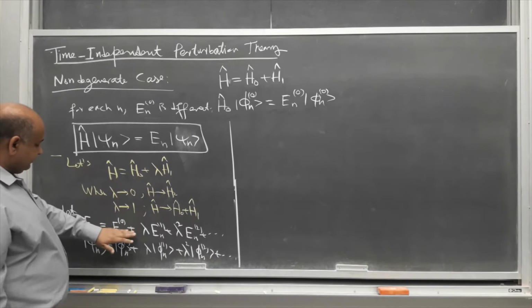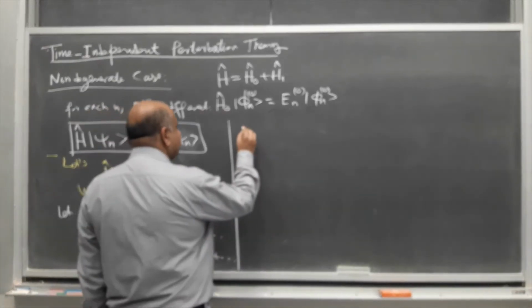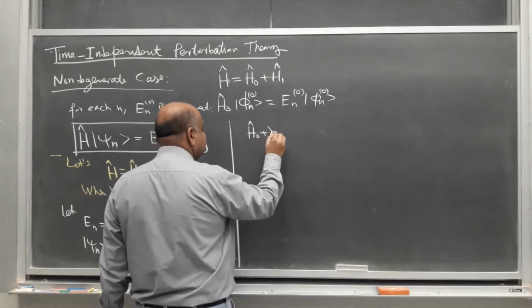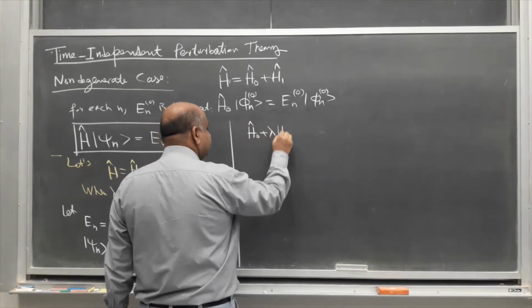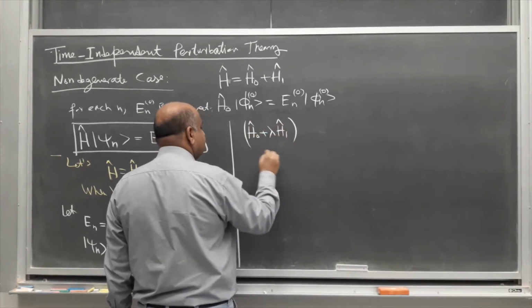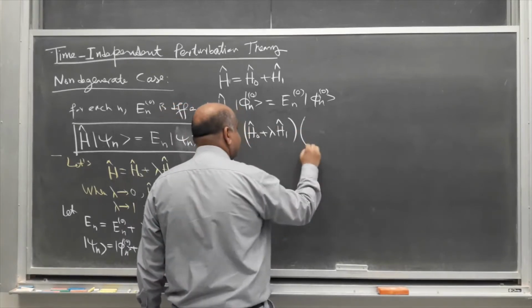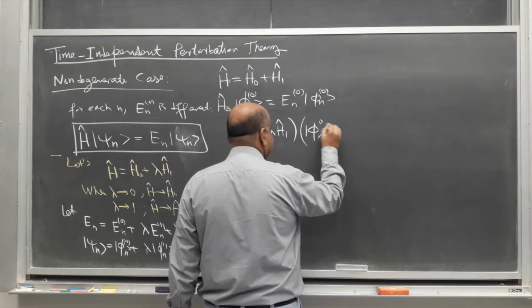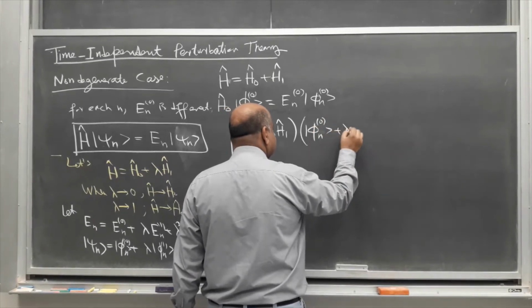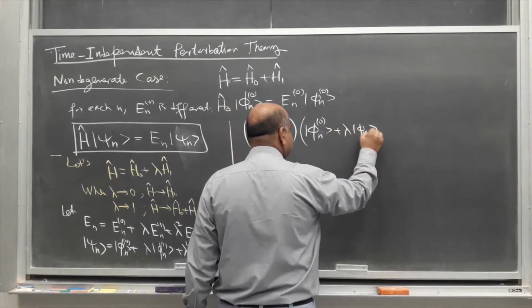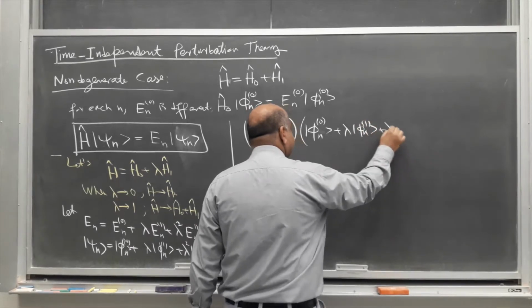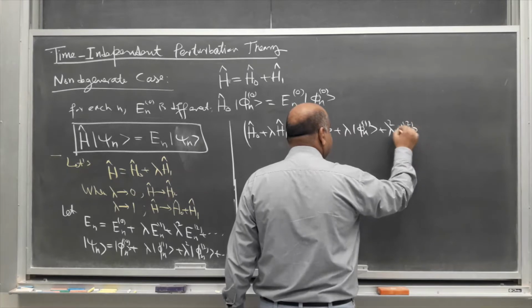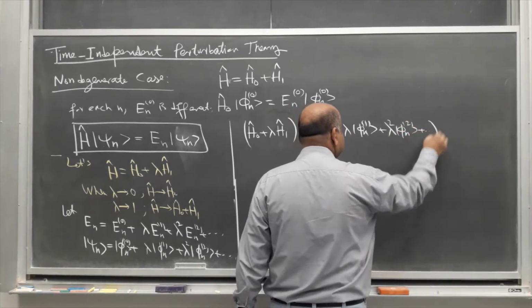So we get H0 plus lambda H1. For psi n we had phi n0 plus lambda phi n1 plus lambda squared phi n2, and so on.